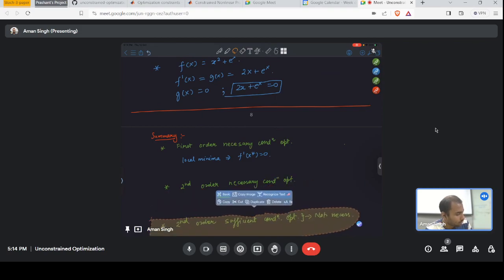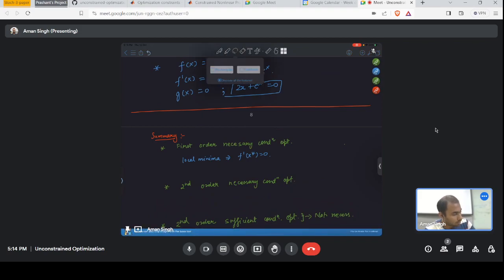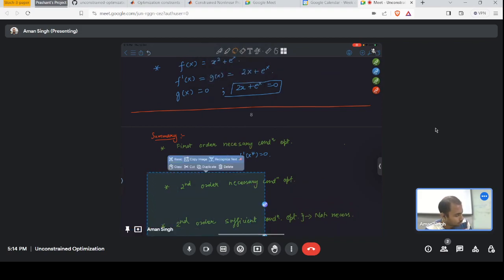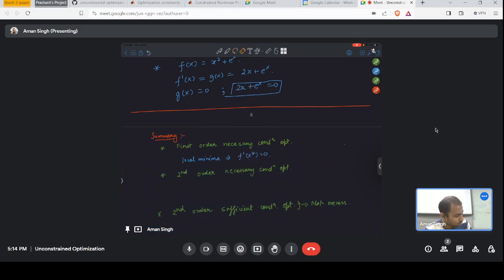We also studied that if it is a local minima, then f'(x*) is 0 anyway, but f''(x*) is greater than or equal to 0. We realized that this is also not sufficient.